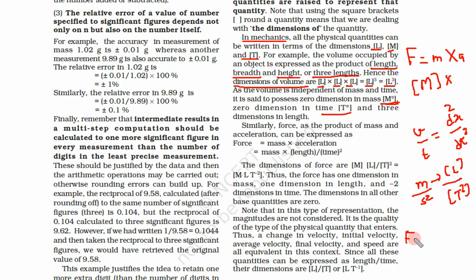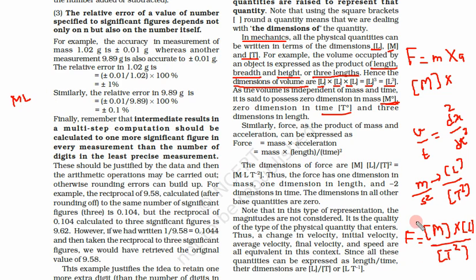So what are the dimensions? Mass is m, into length L, divided by t square. So these are the dimensions of force. Now let us write it in a proper way. We can write it as m and L, both with one power.